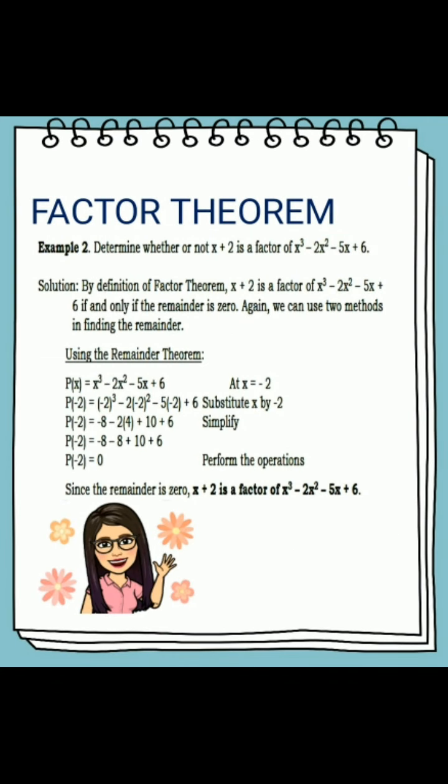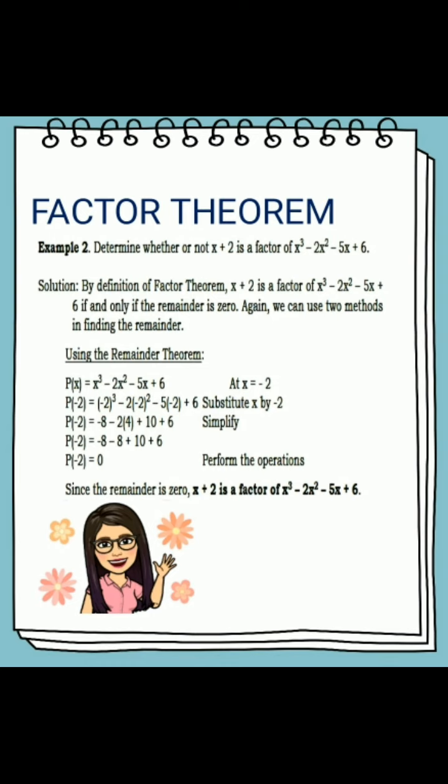Gamitin natin yung example number 2 sa inyong module or learning activity sheet. Number 2, determine whether or not x plus 2 is a factor of x raised to 3 minus 2x squared minus 5x plus 6.